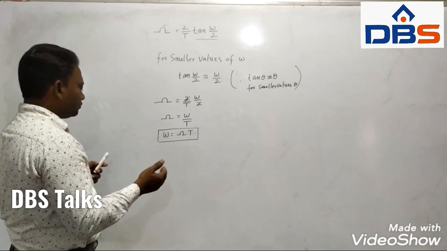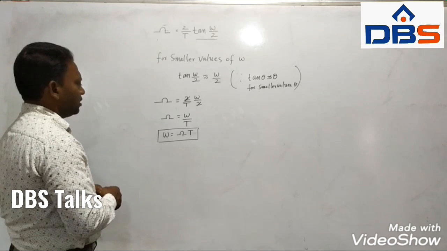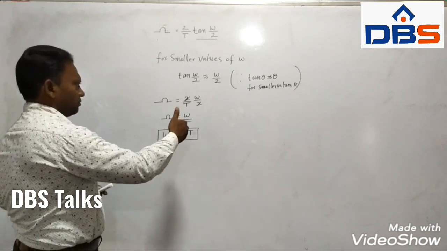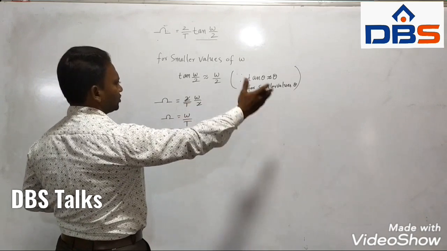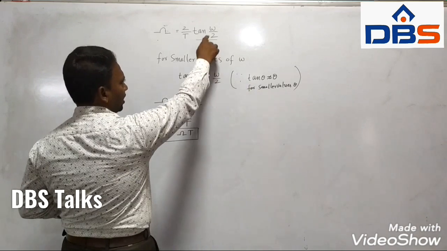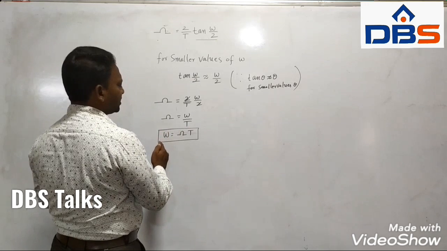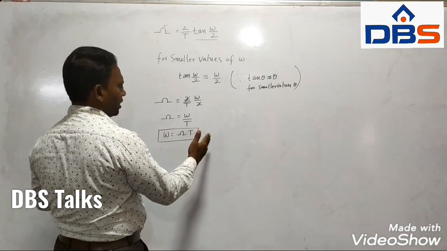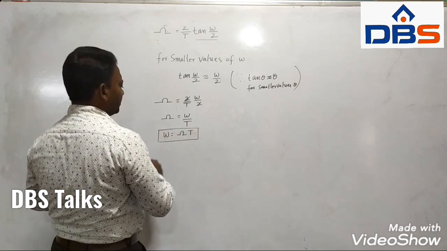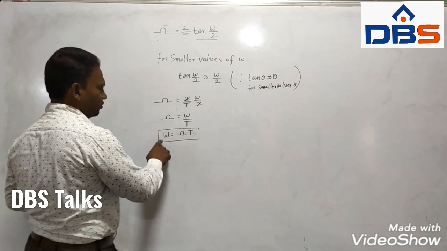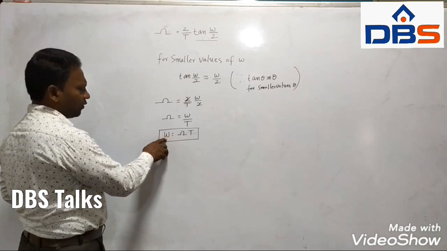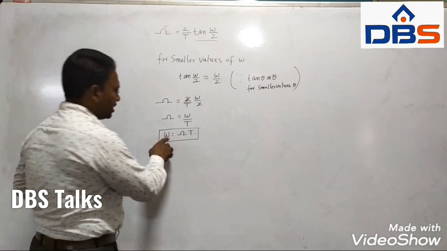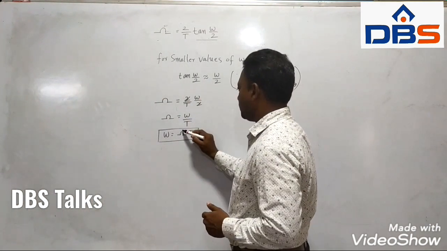Then see this omega and the next stage, which means for higher values of omega, because we were seeing lower frequencies, for higher values of omega what happens is there is a non-linear effect. Now you see this digital frequency omega linearly depends on the analog frequency omega.